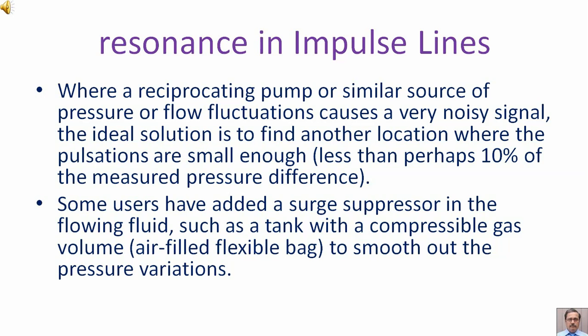Some users have added a surge suppressor in the flowing fluid, such as a tank with compressible gas volume, that is, an air-filled flexible bag, to smooth out the pressure variations.